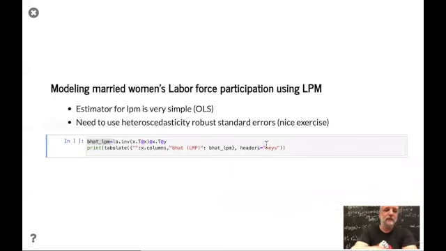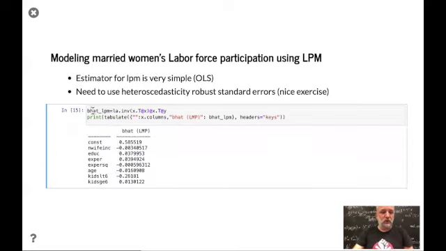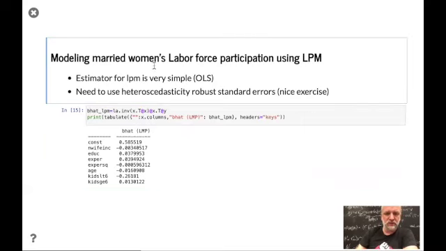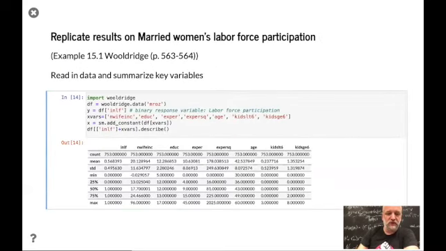So again, we can estimate the linear probability model here with just OLS. Now, our X variable here is now 753, I think, wasn't it? 753 by 1, 2, 3, 4, 5, 6, 7 matrix, okay?